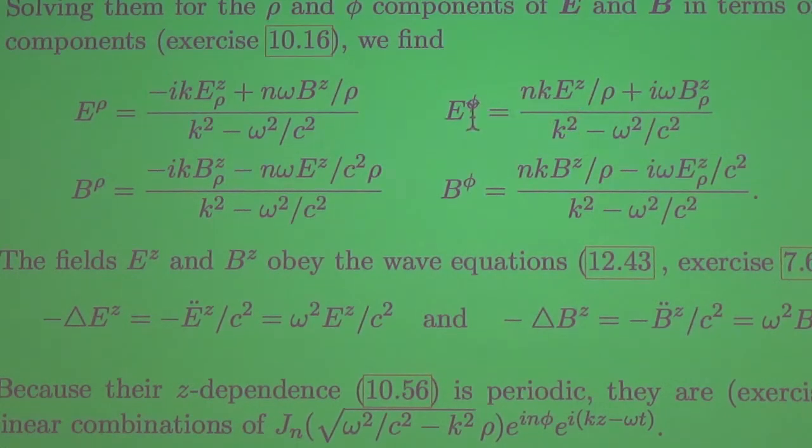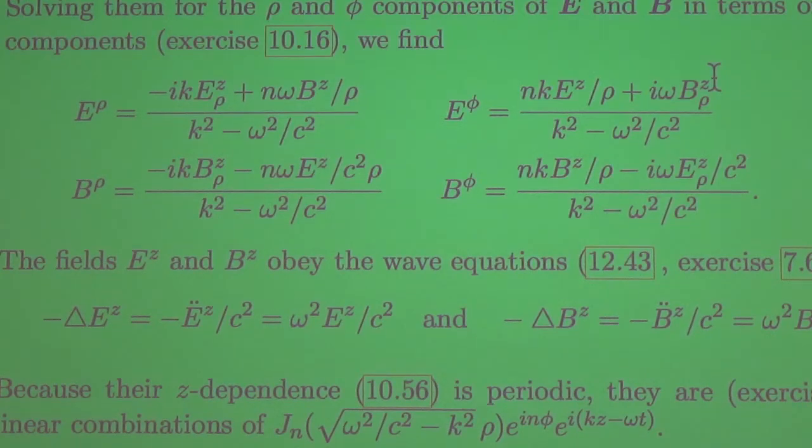So, E phi, the phi component of E, that also has to vanish when rho is equal to R, because the phi component of E is the component of E that's parallel to the surface of the conductor. And the phi component of E is the rho derivative of BZ, apart from the factor.